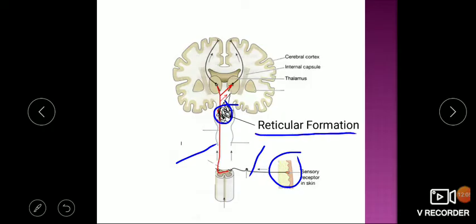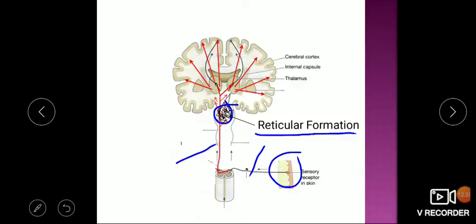The name reticular formation means the neurons are scattered like a meshwork. They appear like a reticulum, that's why the name is given. Some of the spinothalamic tract fibers give branches to this reticular formation. Now they will go to the thalamus, and from here they will go to the cortex and activate it.